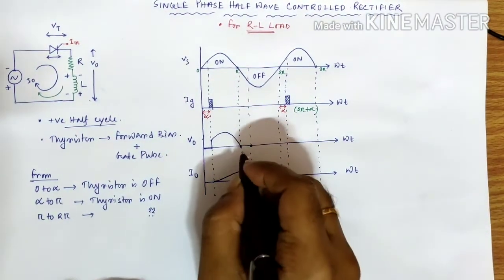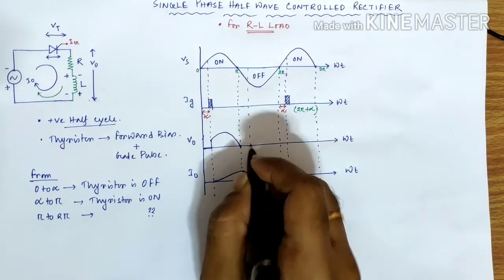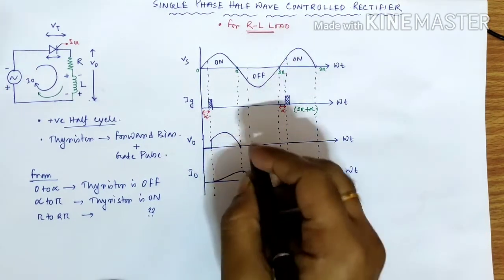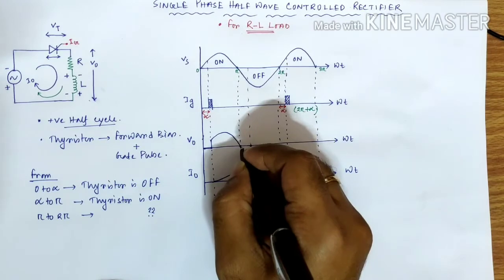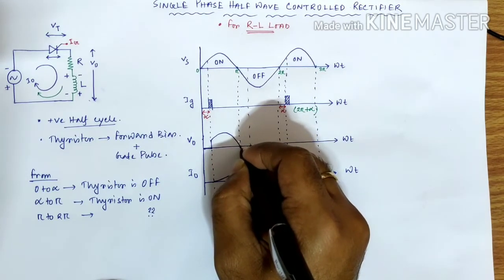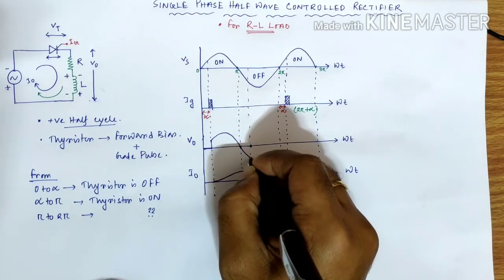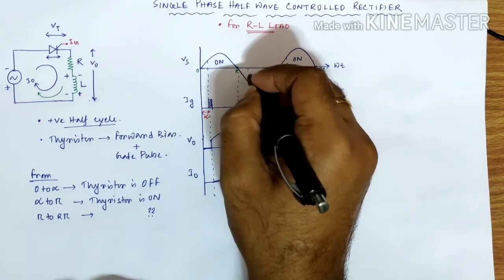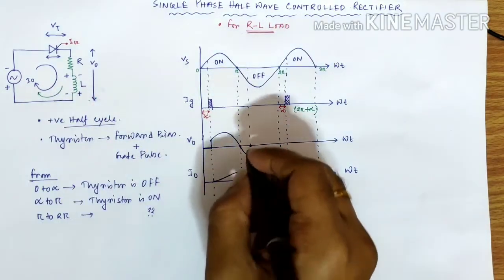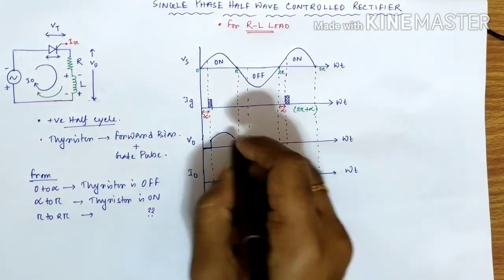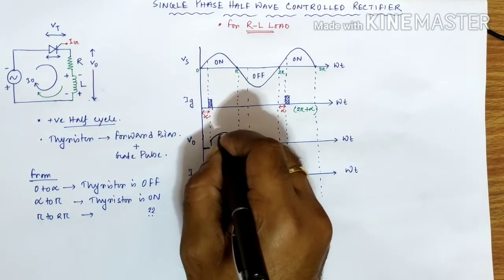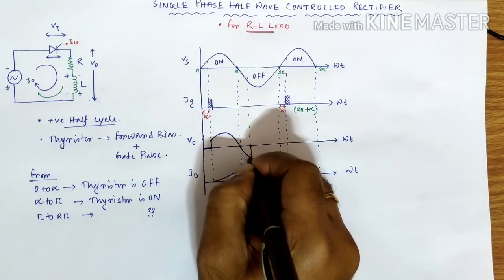So from pi to beta, the thyristor is still on. When the thyristor is on, we get the output voltage, and we know the output voltage follows Vs. So finally we will get a waveform like this one.